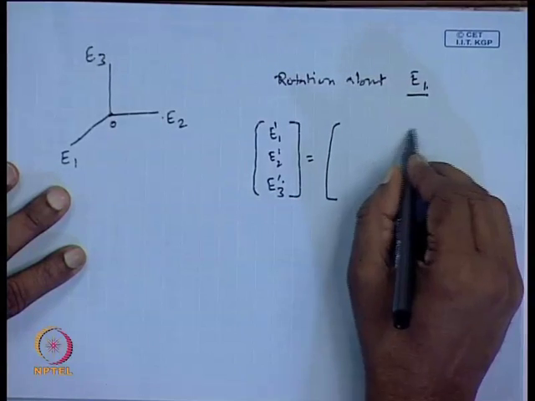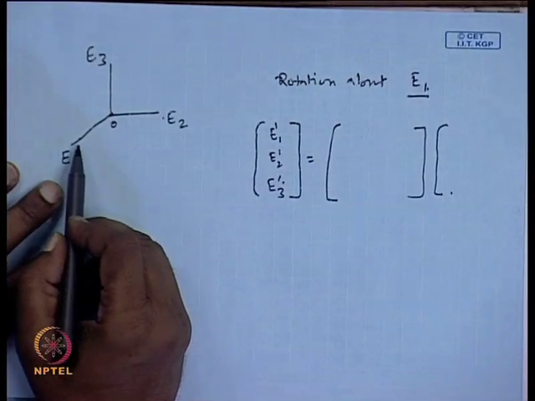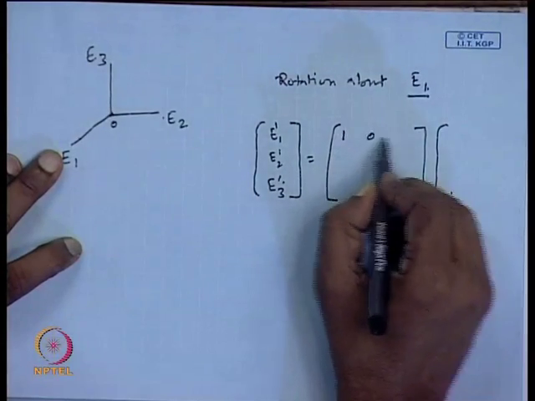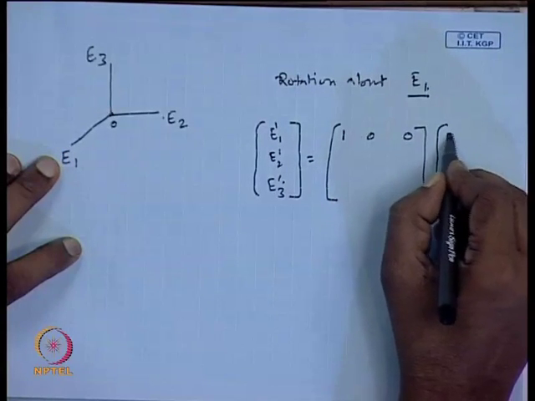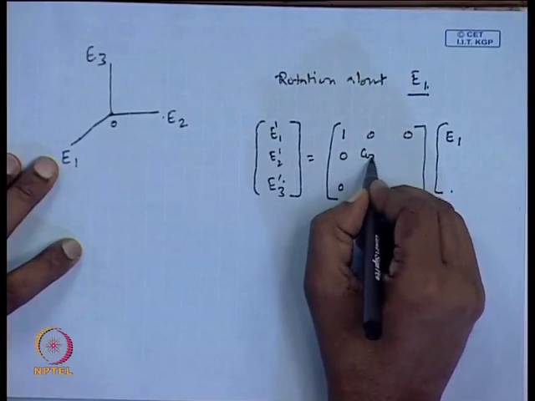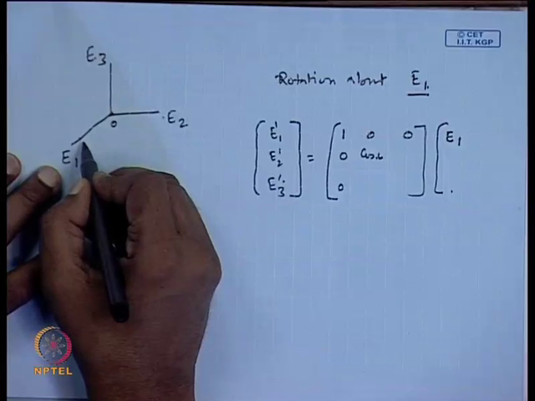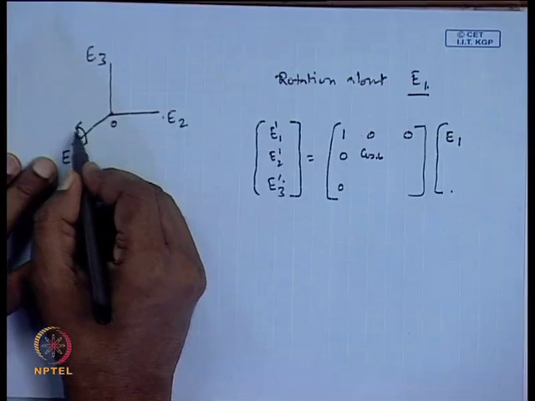So, if you are rotating like this, if you are rotating about E1, you will have 1 here in this place, because this vector will not change, this component will not change, and we will write here E1, and the rest of the things you can write as, say if you are rotating first about E1 by, let us say, theta.